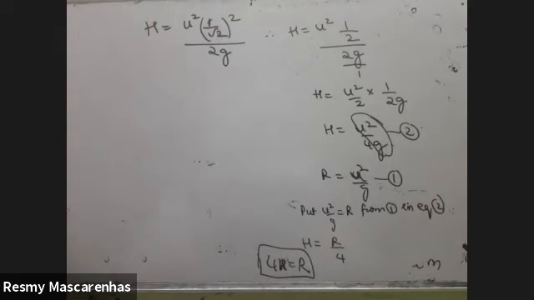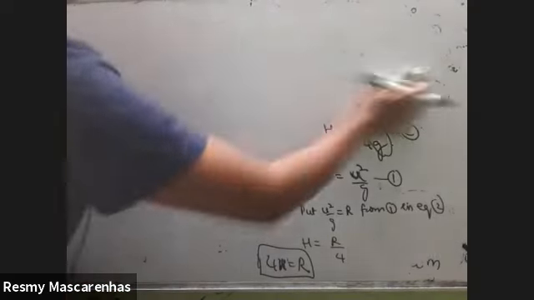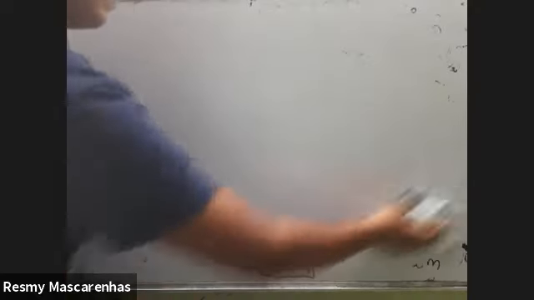So this was all about the range and projectile motion. The last part that I'll do is some rain problems. I had seen them in one of the model papers. They are based on the relative velocity.